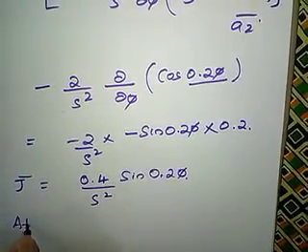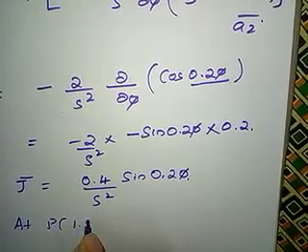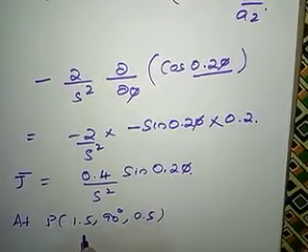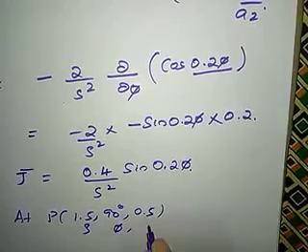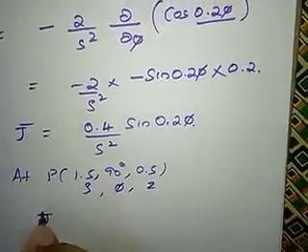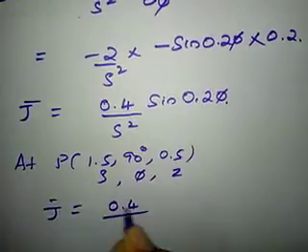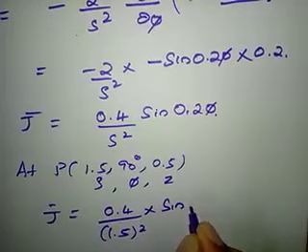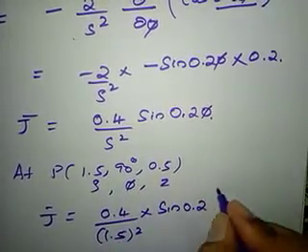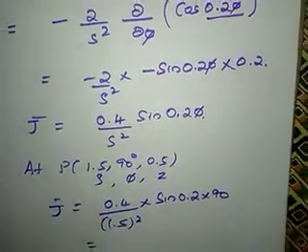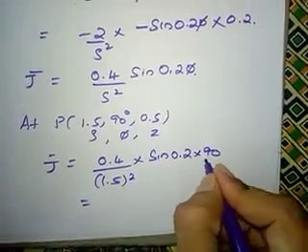He has given the coordinate at P of 1.5, 90 degrees, 0.5, so this is rho, this is phi, this is z. Substituting these coordinates in this equation, j bar is equal to 0.4 into rho is 1.5, divided by 1.5 square, into sine of 0.25 phi, where phi is 90 degrees. You have to solve this equation in degree mode because the angle is given in degrees.